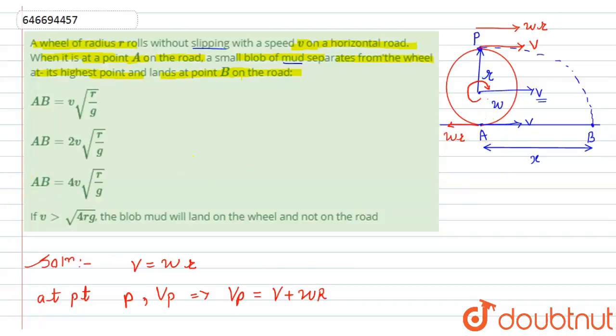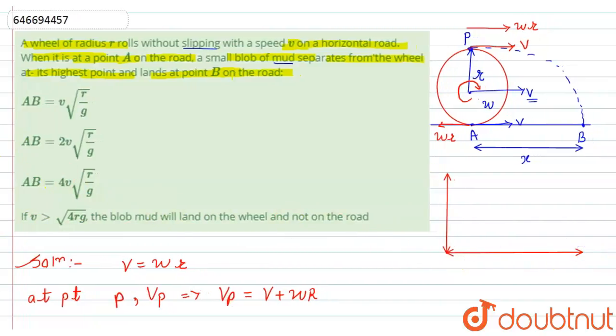Here we can say that we have a particular height from which a particle is projected. This is point A, this is point B, this is point P. From this point a particle is projected to this point B. This height, according to the question, is twice of r, and its initial velocity we have to find, where v equals omega into r.